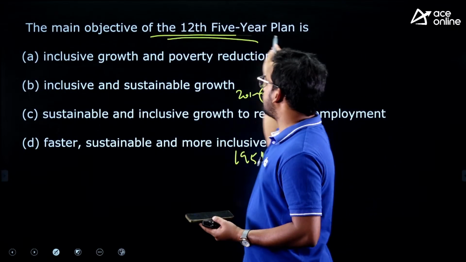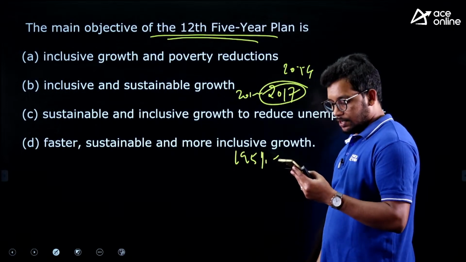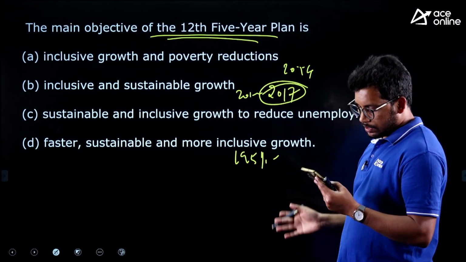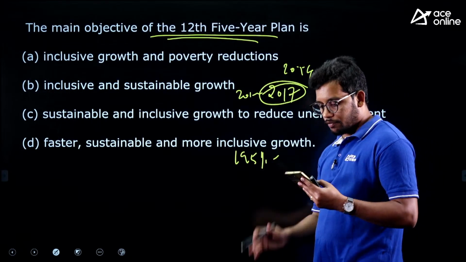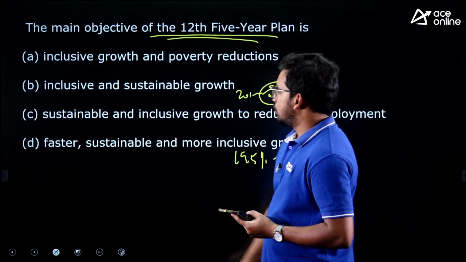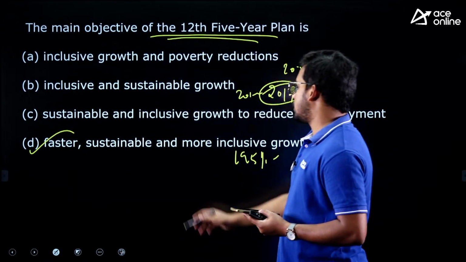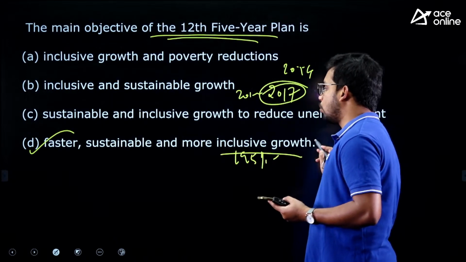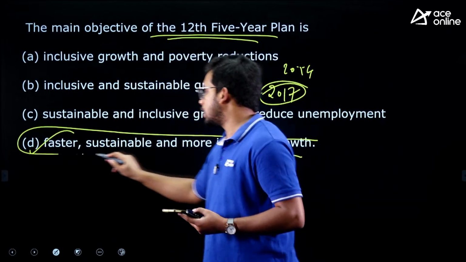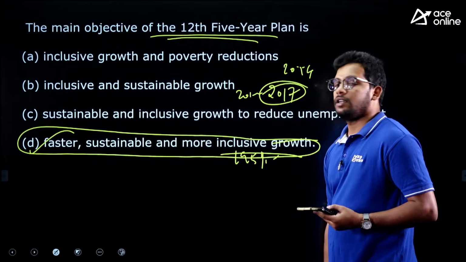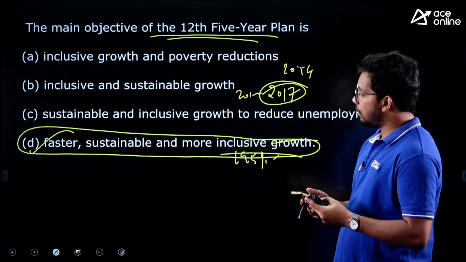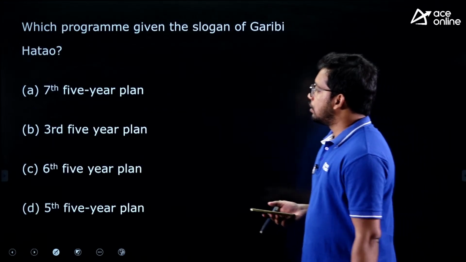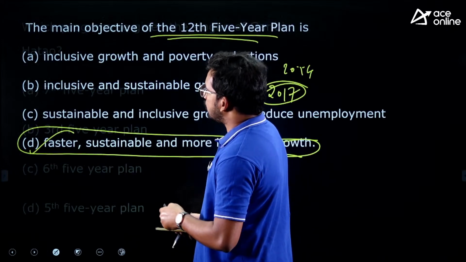So what is the main objective of the 12th 5-year plan? Yes, Jahnavi, Inforeader and Syed Alam, all three of you are correct. So this is D. Faster, sustainable and more inclusive growth is the theme of the 12th 5-year plan, right? So that is the fact.